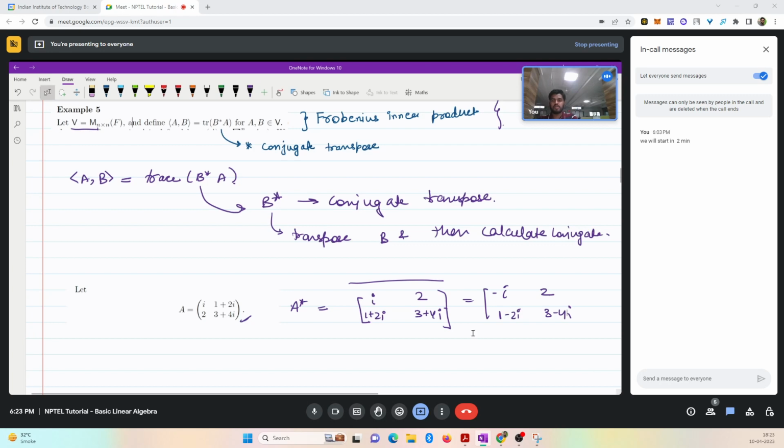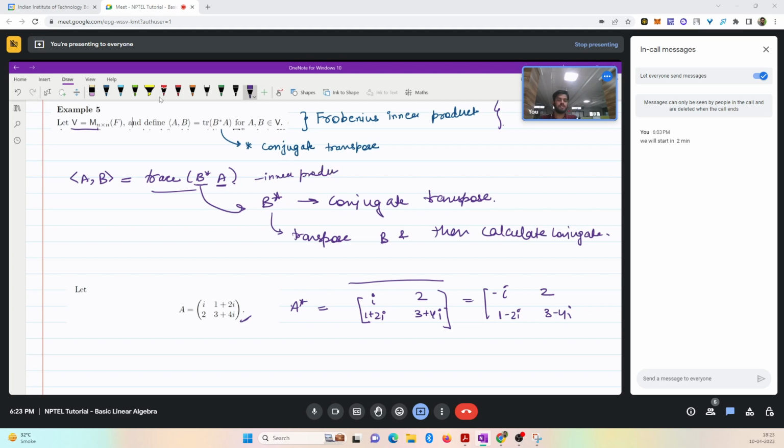So how have we defined it? We have defined the inner product to be the trace of matrix B conjugate transpose multiplied by A. Okay, and we want to check whether whatever we have defined is an inner product or not.